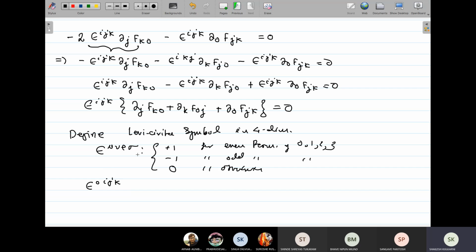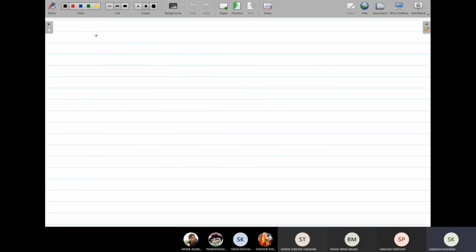So with the help of this 4-dimensional Levi-Civita symbol, I will consider this quantity: epsilon^{μνρσ} ∂_ν F_ρσ.